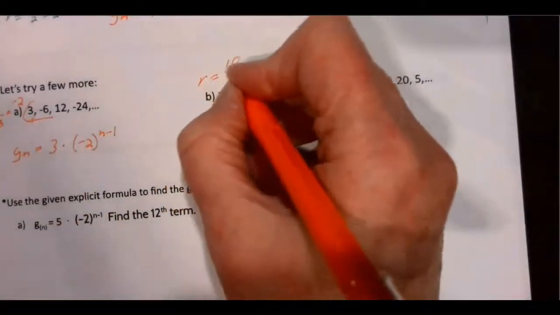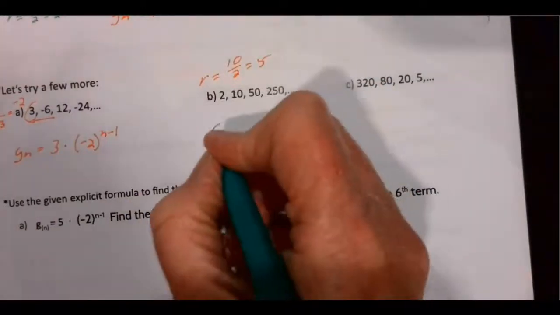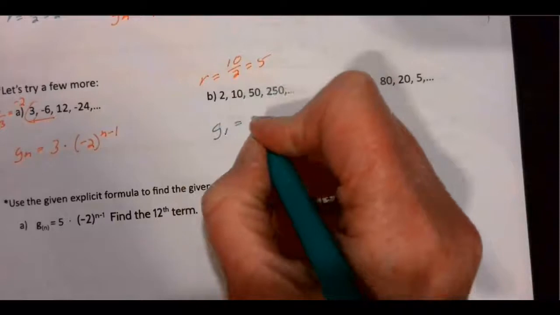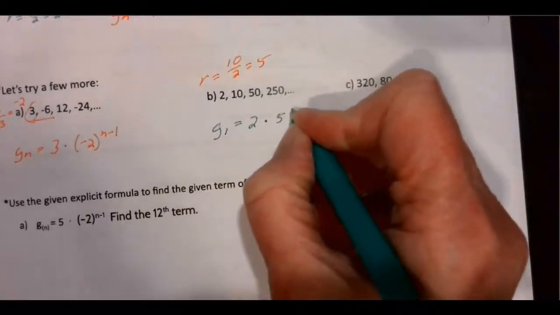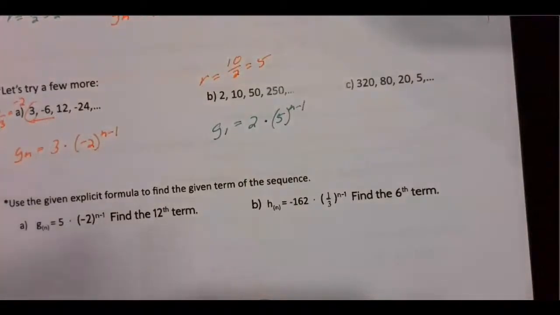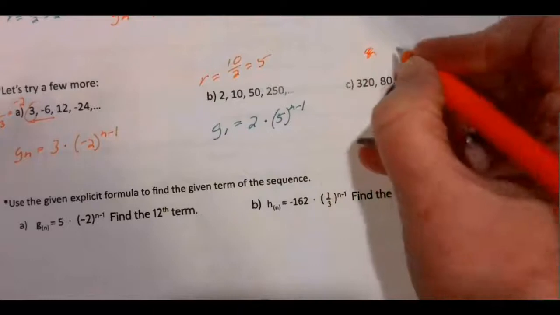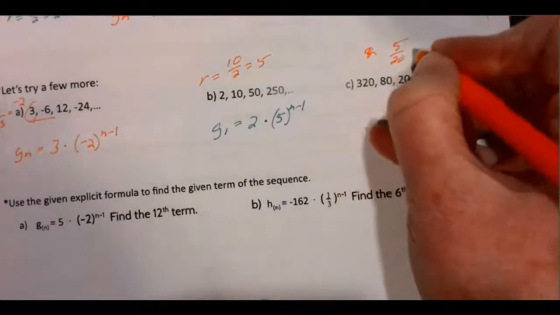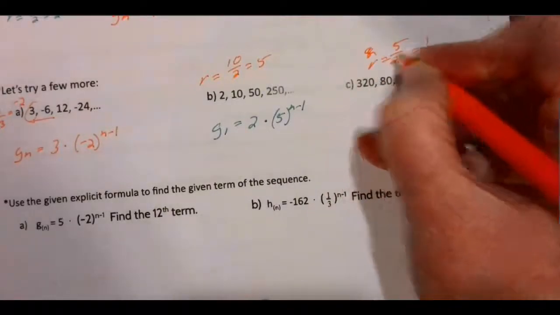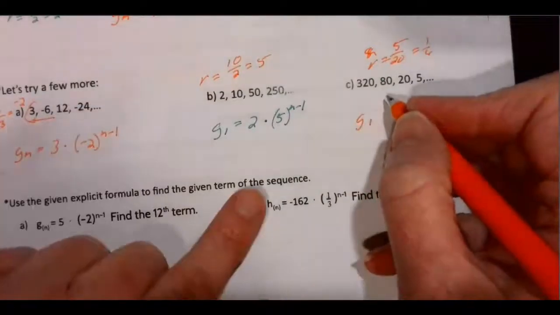R here we know is 10 divided by 2, which is 5. So we have G sub 1 is equal to the first term times the ratio to the n-1. C, you might remember, oh my gosh, no, I'm not doing that. I'm going to do 5 divided by 20, 1/4. That's our ratio.